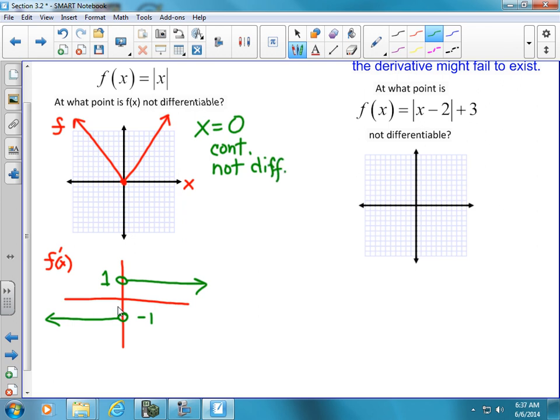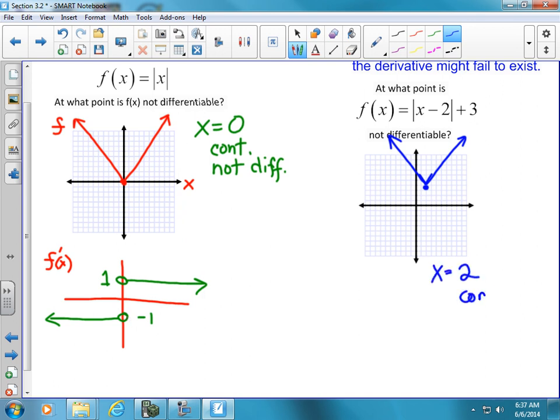Okay, not differentiable. Let's look at an example of this, |x - 2| + 3. It has a vertex about right here. Okay, we move 2 to the right and 3 up. So here we have another point where differentiability does not exist, at x equals 2.